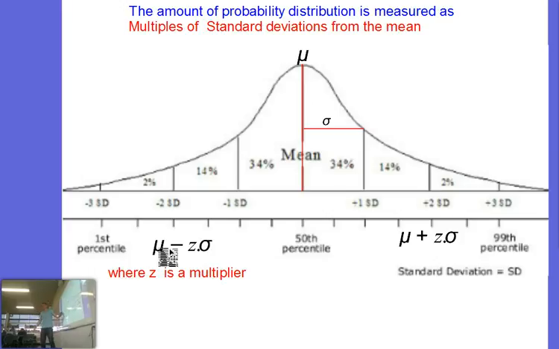So the number of standard deviations on either side of the mean we're going to work out as a multiplier, Z. Z is your multiplier of how many standard deviations from the mean. If we're going this way, we're adding on Z multiples of your standard deviation to increase your numbers, making it go up.